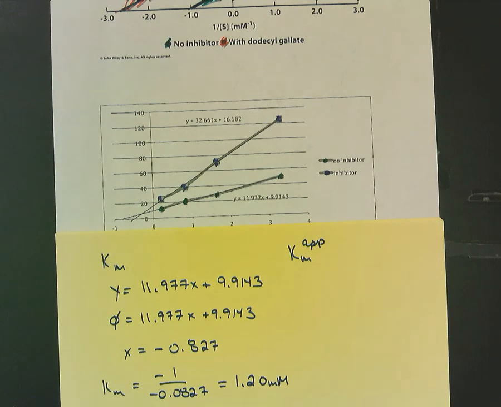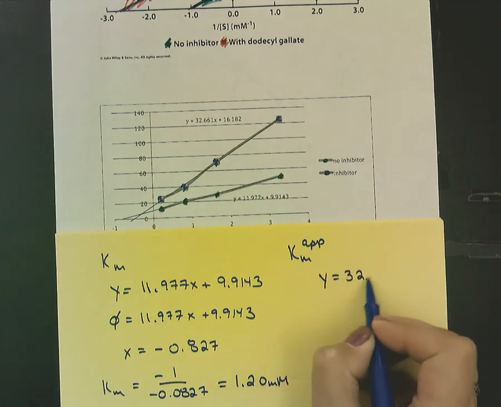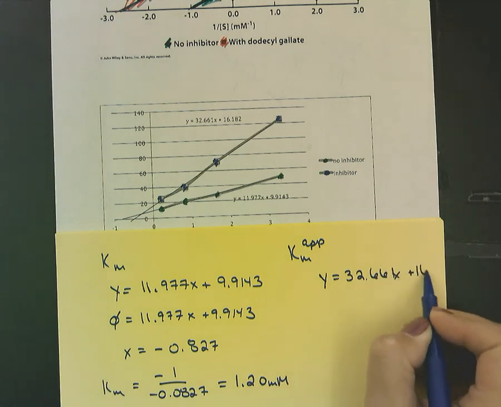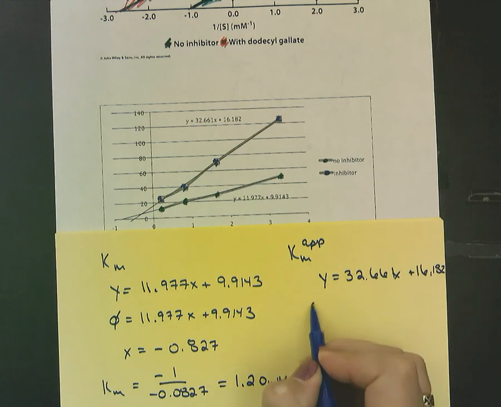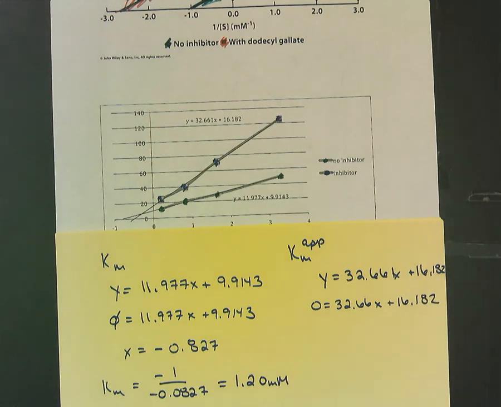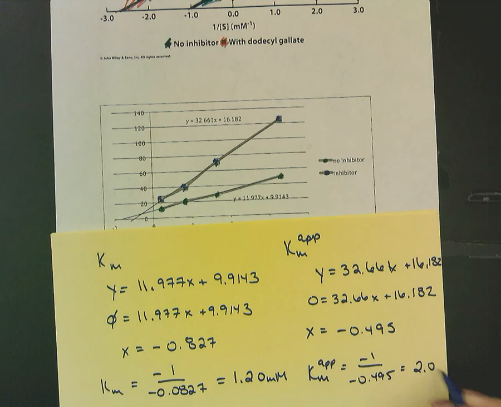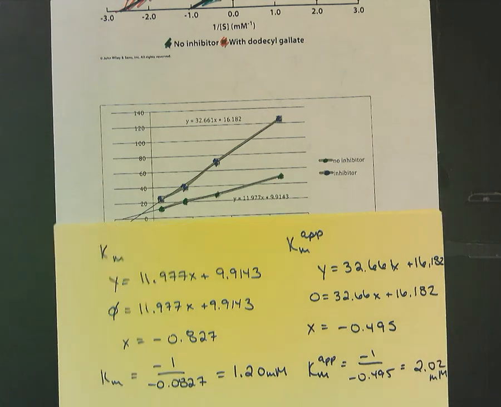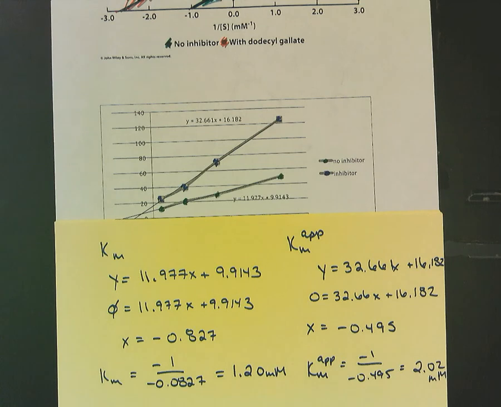Okay, so then I want to find the Km apparent. About 2.02.